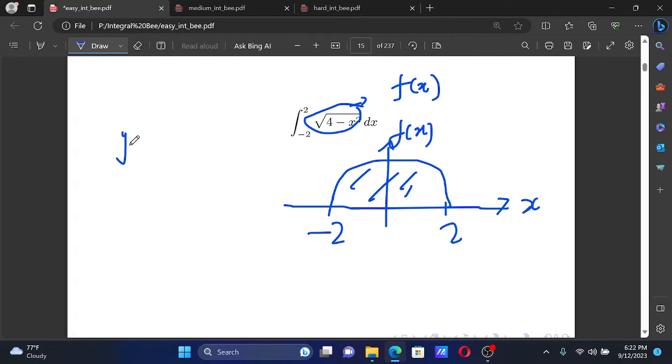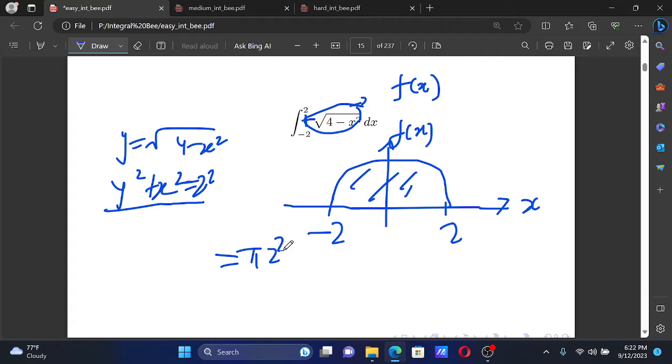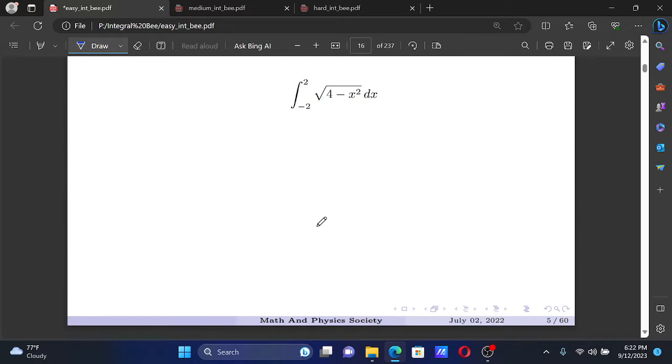If we let y as root under 4 minus x square, we can change it to y square plus x square equals 4, or 2 square, so that's the equation of a circle with radius 2. But since here is a positive sign, we just keep a semicircle, and the integral is equivalent to the area, and the area is pi times 2 square by 2, so that's 2 pi. Okay, so go to the next one.